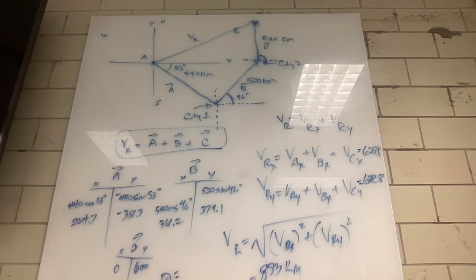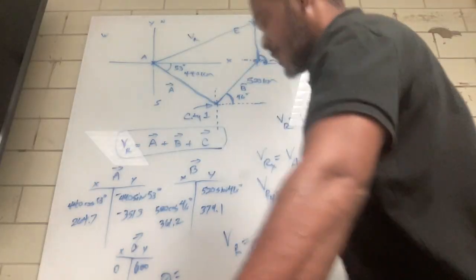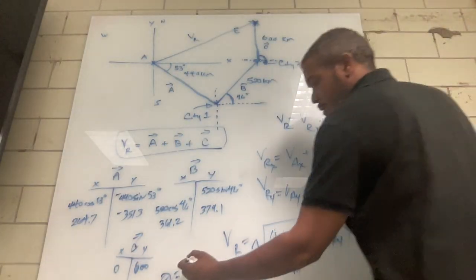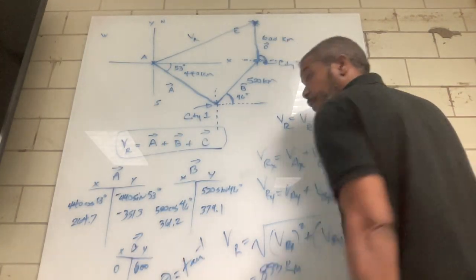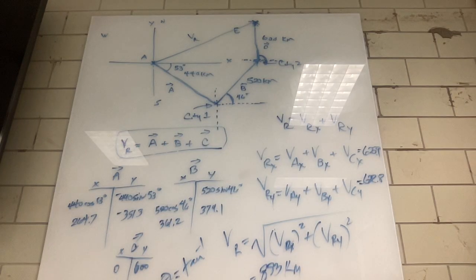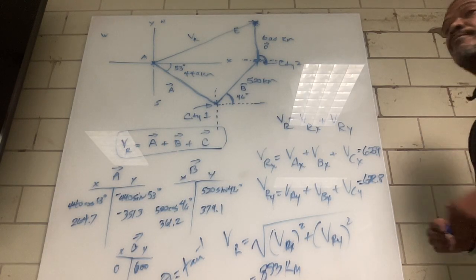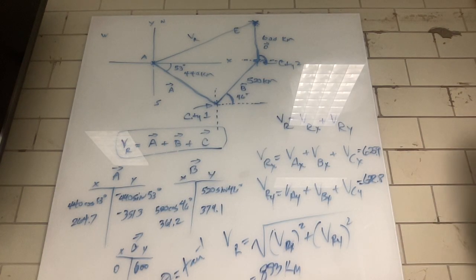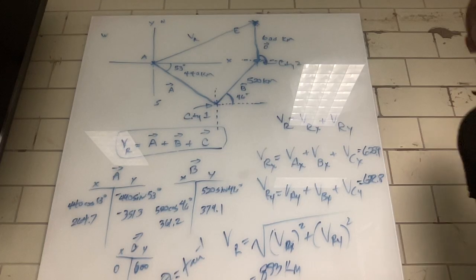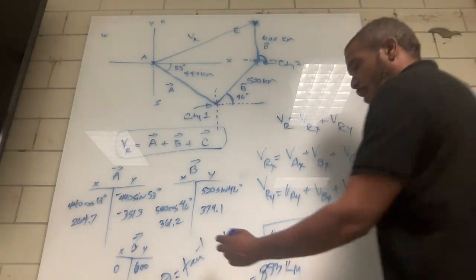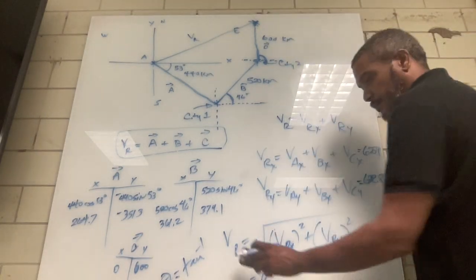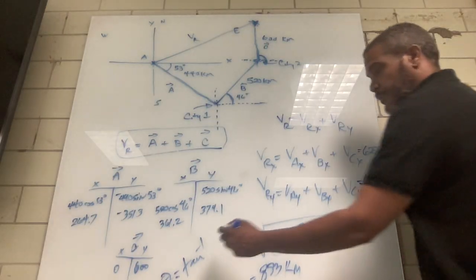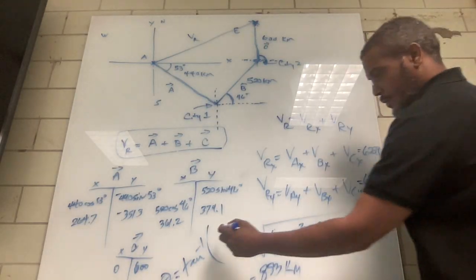So I see a lot of long faces. Now we do the inverse of tangent. Yes, ma'am. We do the inverse tangent of what? Nope. What do we do the inverse tangent of? Y over x. What is y over x? 622.8 over 625.9.